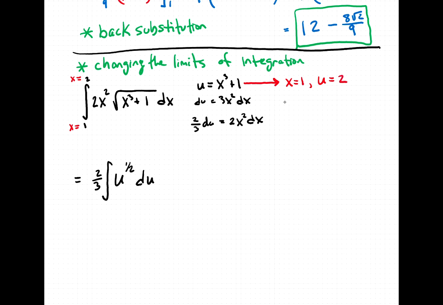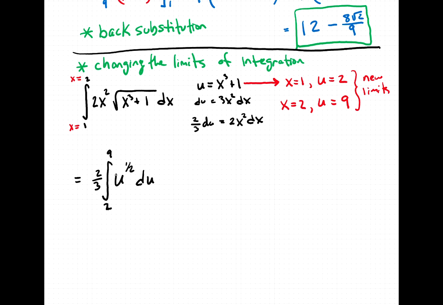And when x is equal to 2, u is equal to 9, since 2 to the third power is 8, plus 1 is 9. These are our new limits of integration. So now instead of integrating from 1 to 2, we're integrating from 2 to 9.